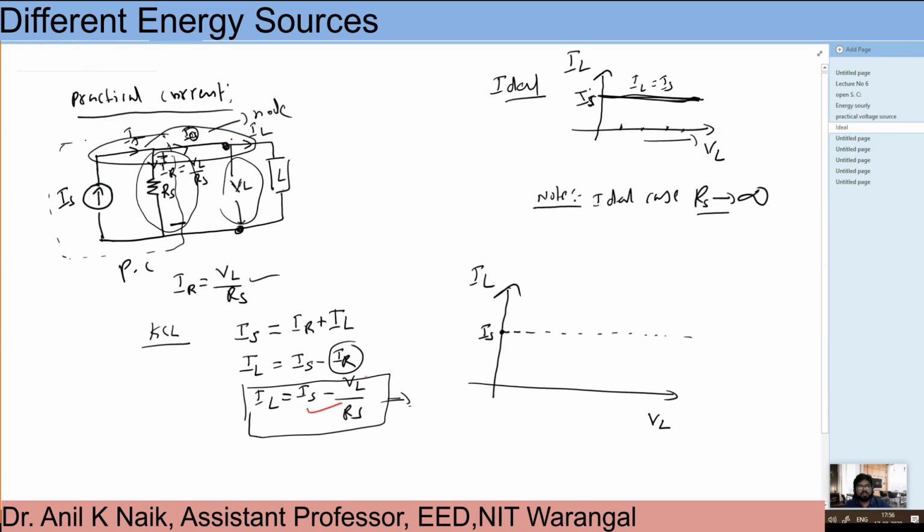As my load voltage varies in this direction, my IL current is going to slowly decrease, like this. So this is the practical case characteristics, and this is the ideal characteristics for your current source.